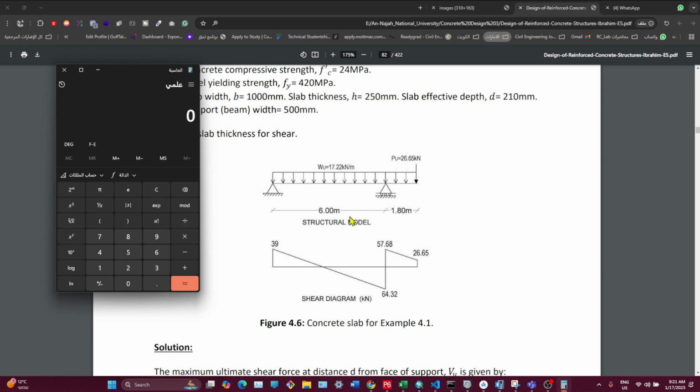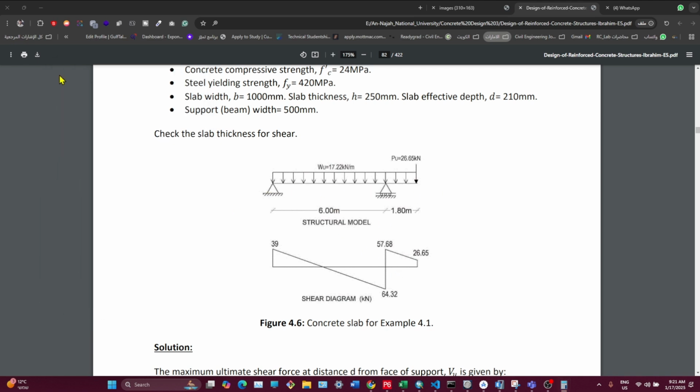We need to make the equilibrium equation. If we assumed that we don't have this cantilever, it would be W ultimate L over 2, because this is just like a simple support. But we need to make the equilibrium equation for Fy, summation of forces in the y direction equals 0. So we have reaction in A plus reaction in B upward is equal to 17.22 by 6.